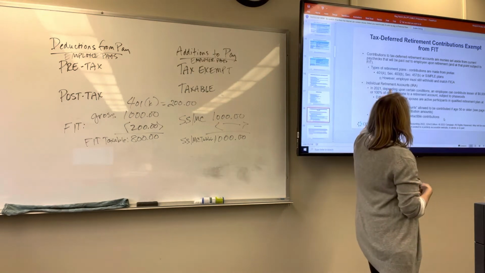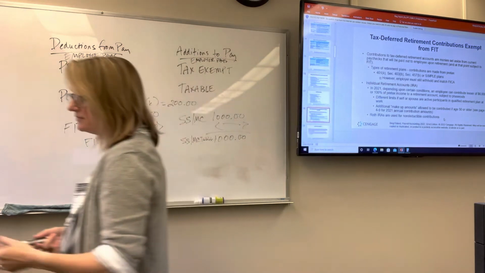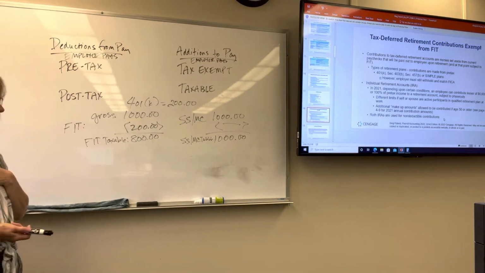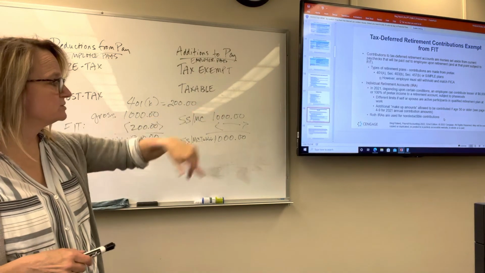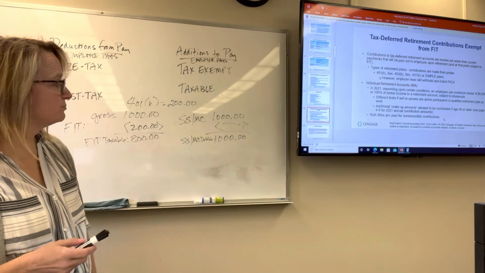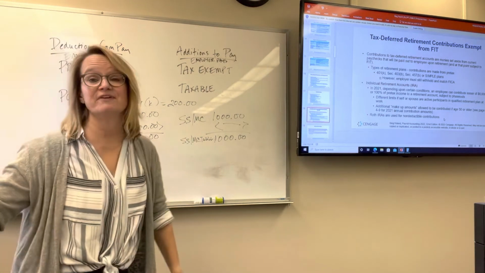And there are limits on individual retirement accounts, as I mentioned, those are accounts that only the employee contributes to. There are limits on how much can be contributed to those as well, either $6,000 or 100% of pre-tax income. And there are some income phase-outs.